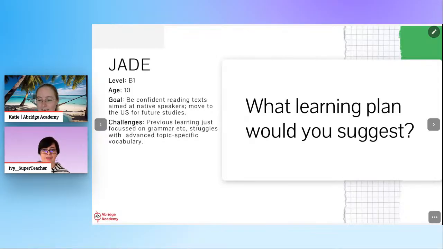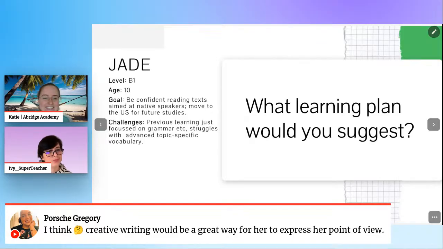We've got a comment here from Portia. Creative writing. I love that idea. Yeah, and we're actually doing that. I was surprised to see her lack of confidence in writing, actually, and she's a savvy reader. She has her own private library at 10 years old. She's just obsessed with English books.